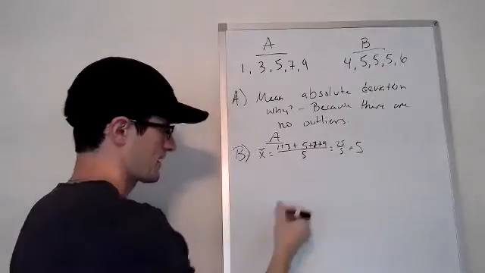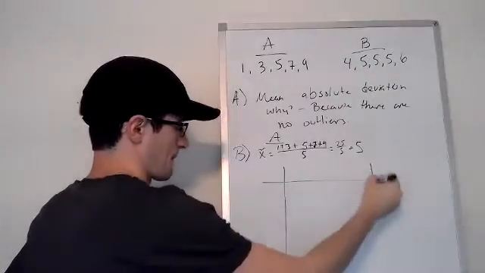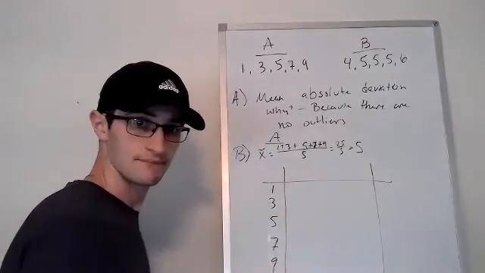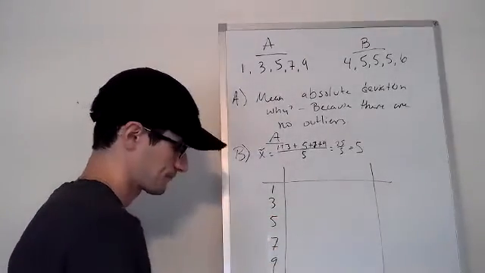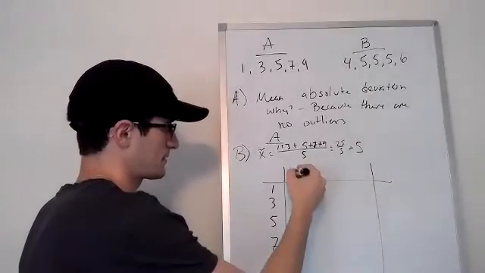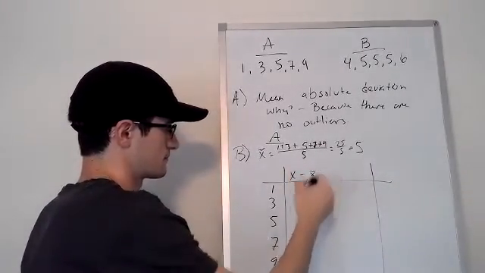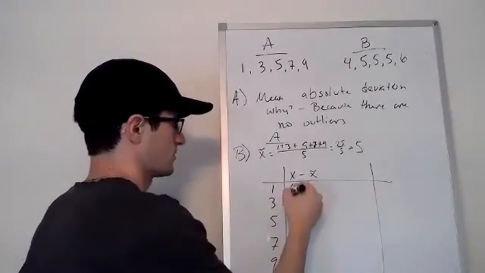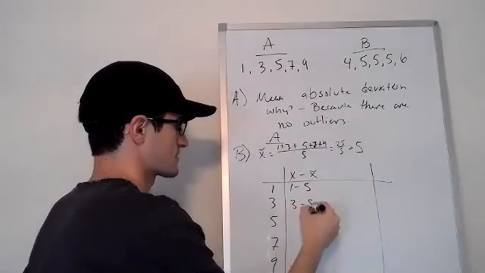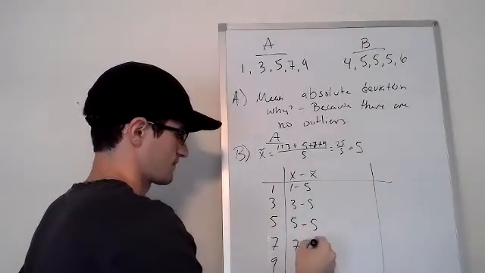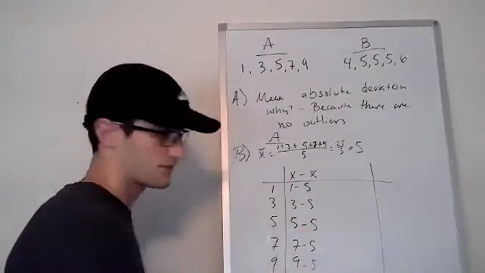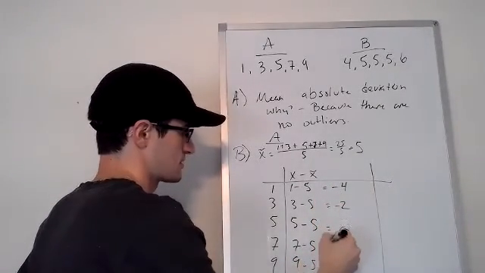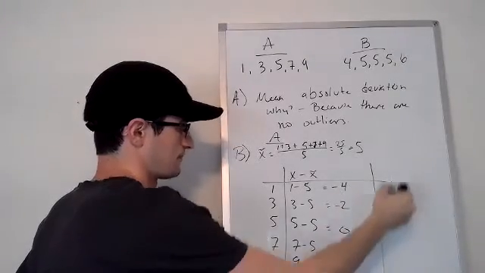That's our mean. Then we draw that table we had, which was our values, 1, 3, 5, 7, and 9. And then this middle one, we had the number to subtract the mean. So this is 1 minus 5, 3 minus 5, 5 minus 5, 7 minus 5, and 9 minus 5, which is -4, -2, 0, 2, 4.